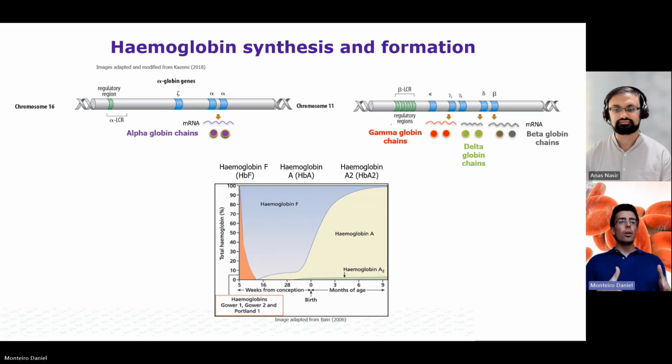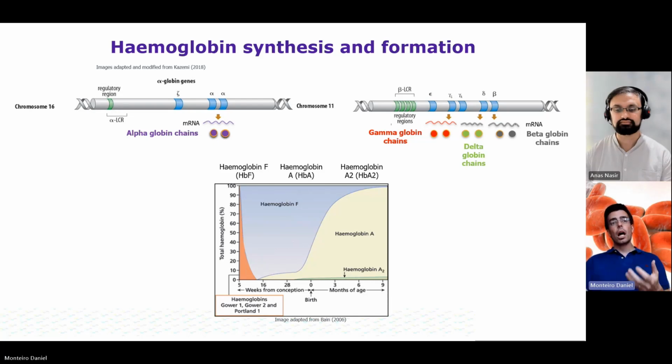So putting alpha globin chains with gamma globin chains, and you produce hemoglobin F, F for fetal. So again, it will make it easier to understand because it's the main hemoglobin present when babies are born, and also in the later stage of gestation as well.